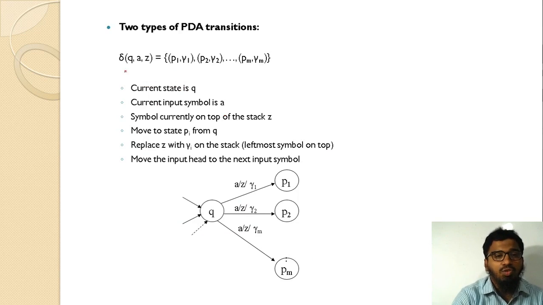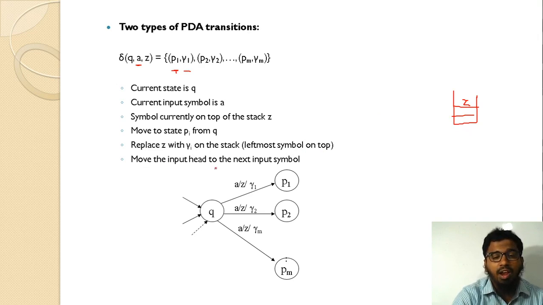So here, can you see Q, A, Z? What is this? Q is the current state, A is the current input symbol, and what is Z? It is the symbol currently on the top of the stack. Whatever is on the top of the stack that we are considering, that is Z. Okay. Move to state P from Q, and push Y1, or we can say tau I, on the stack, leftmost symbol on the top.